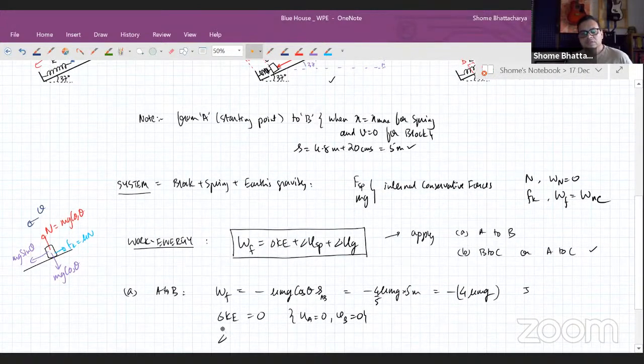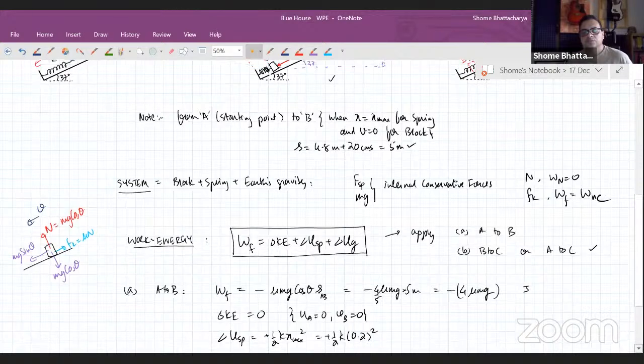Change in potential energy of the spring is plus half k x maximum square. That is half k into 0.2 square. So k is unknown here.